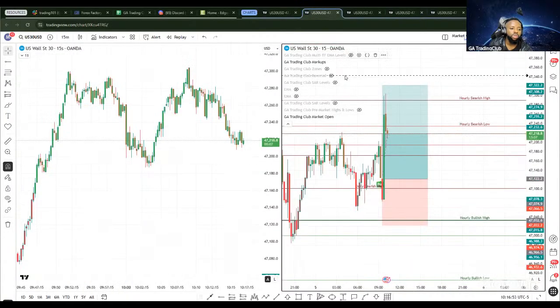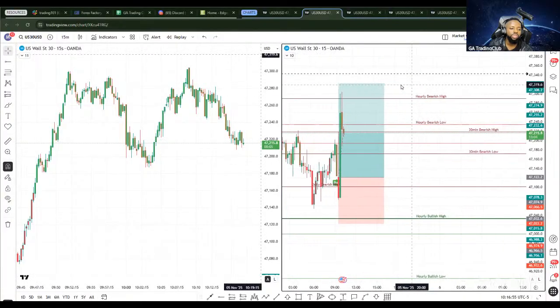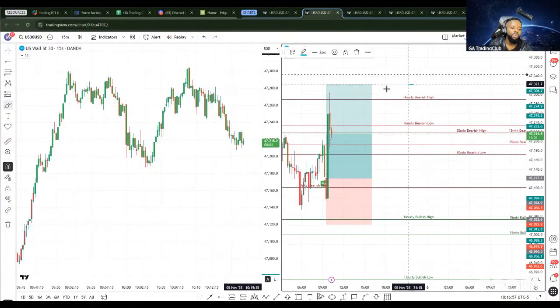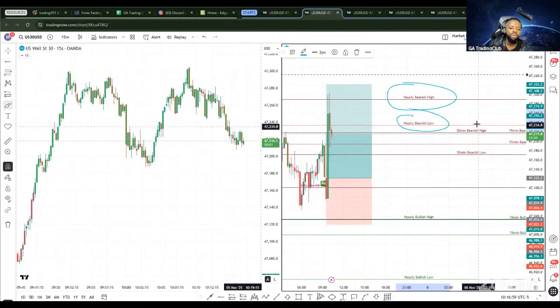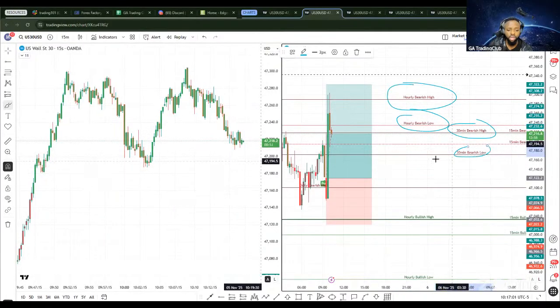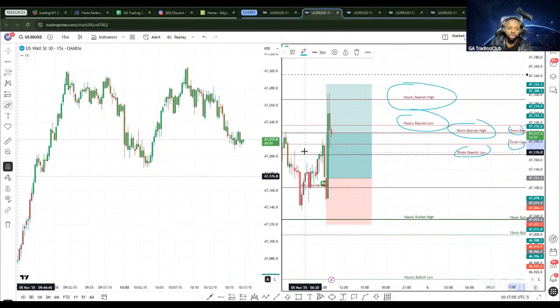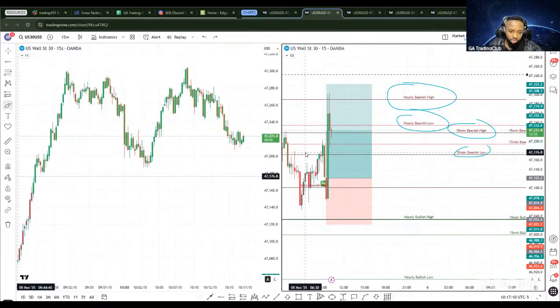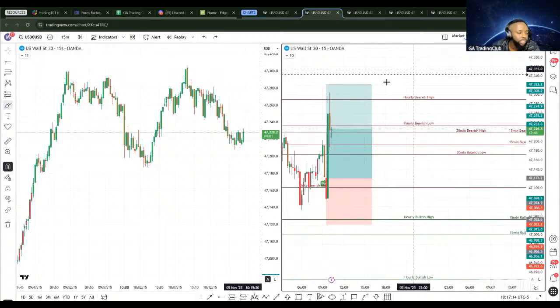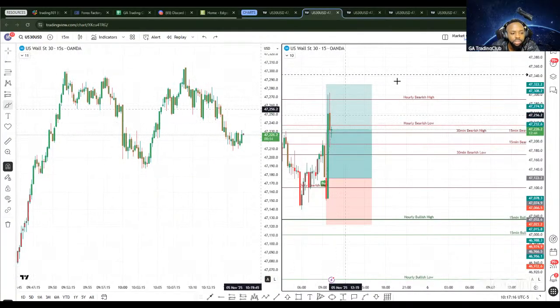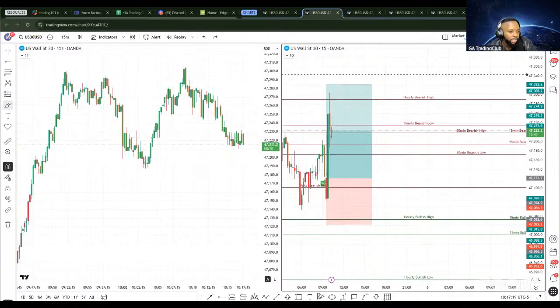But if we look at these bearish order blocks, you can see we have an hourly bearish high, hourly bearish low, 30-minute bearish high, 30-minute bearish low, 15-minute bearish high, 15-minute bearish low. So buyers need a lot of volume or a lot of pressure to break past this order block. So for me, I'm still going to keep holding this trade.